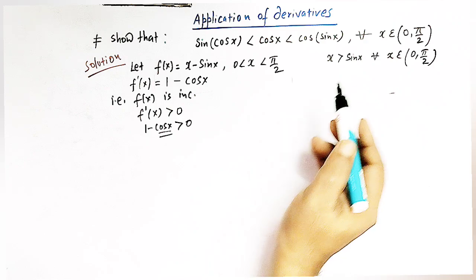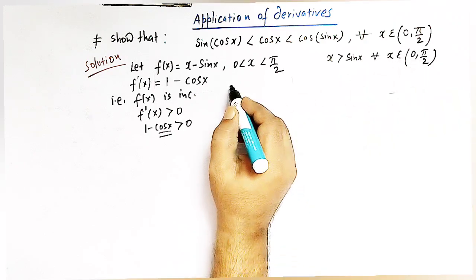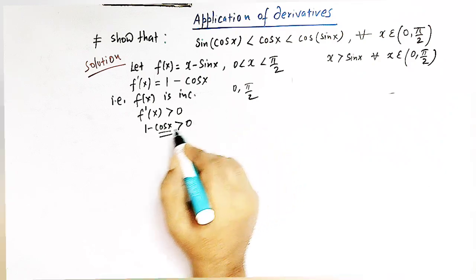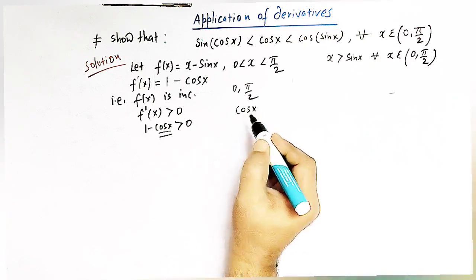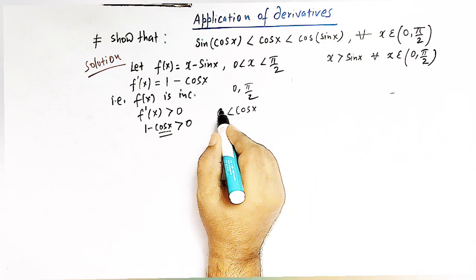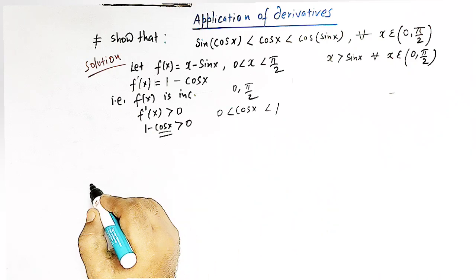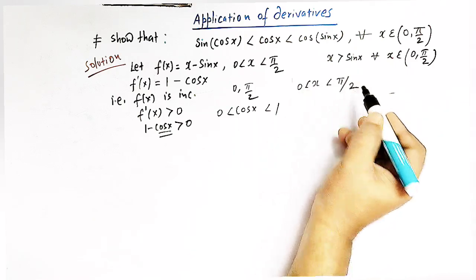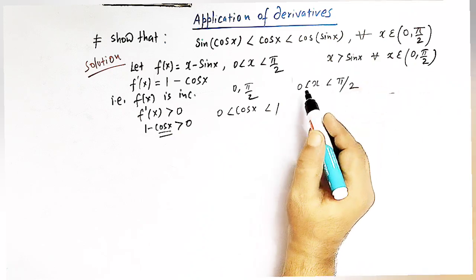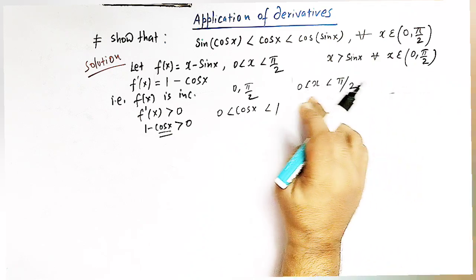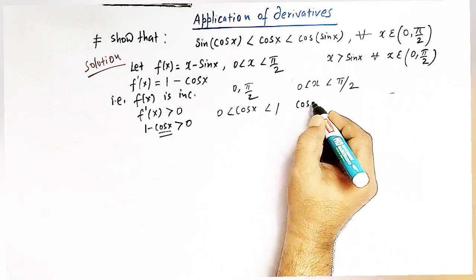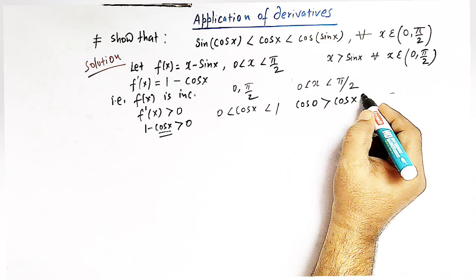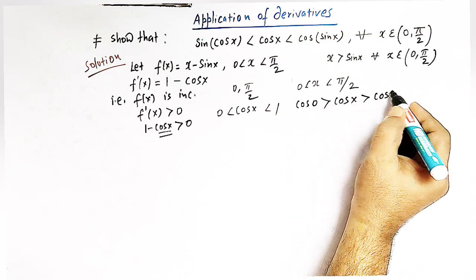Now see, when we take this interval, 0 to pi by 2, the cosine x lies between 0 and 1. Because when we take x greater than 0 and less than pi by 2 and take cosine throughout, we have the inequality cos of 0 is greater than cos of x, which is greater than cos of pi by 2.